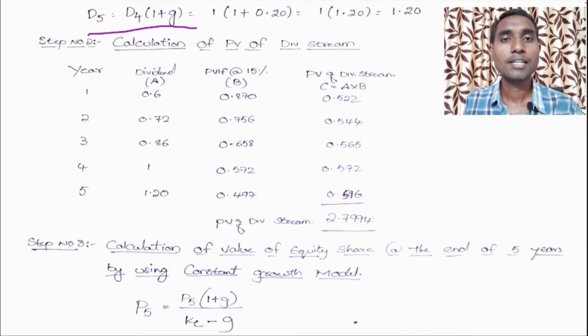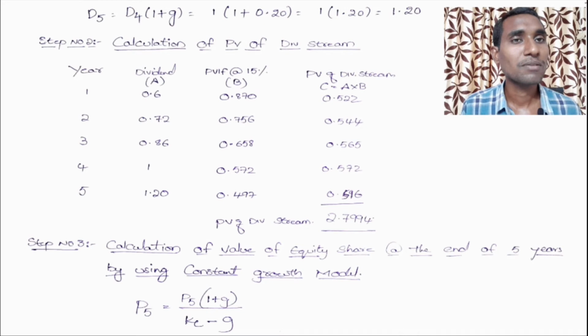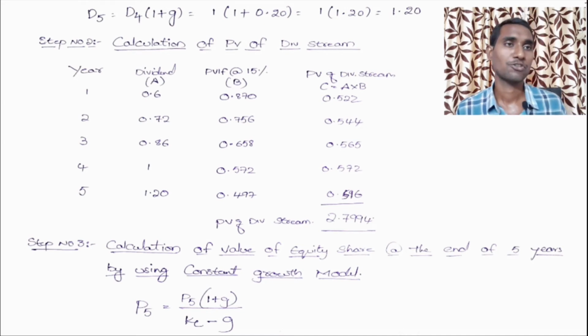Now the second step. Once we are done with the calculation of the dividend stream, the next step is to find the present value of these dividend streams. Present value is found using the table values.